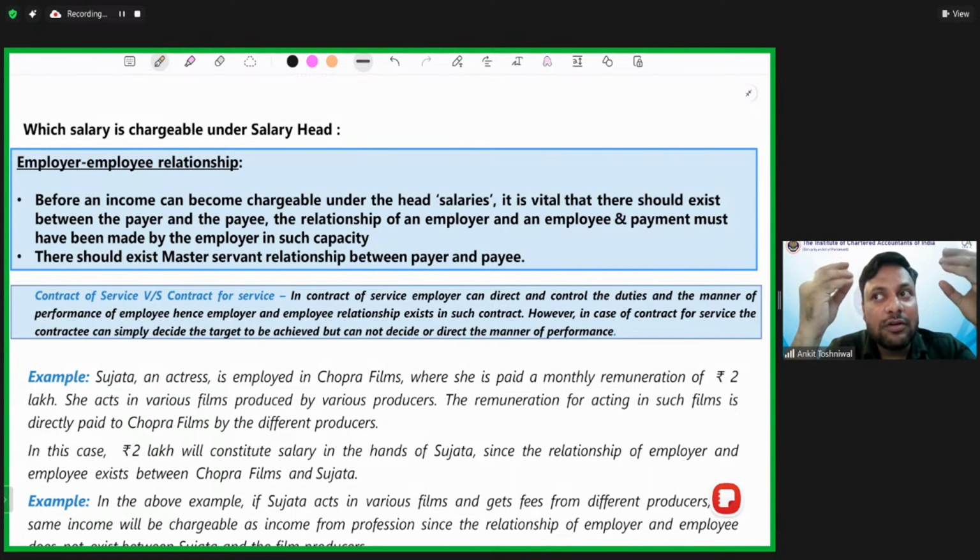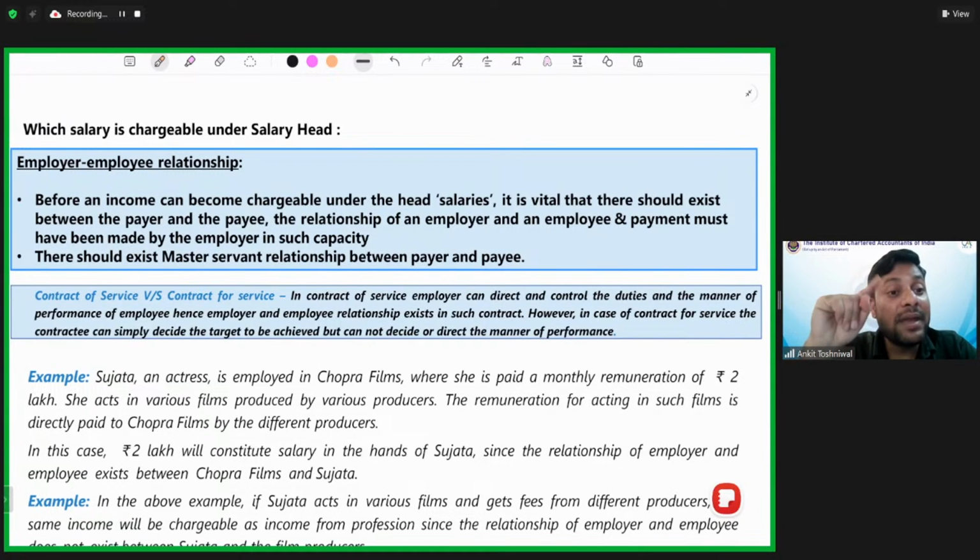What is the meaning of master and servant? Master means if a person is an employer of any other individual, then he can determine the manner of performance of his work, how he will work. He may order him and he has to follow his order. That is the point.